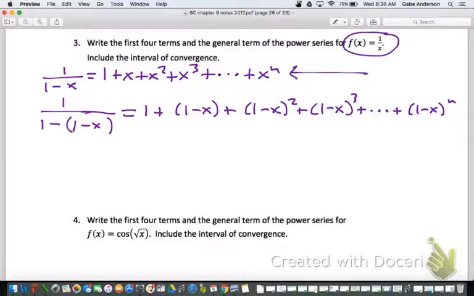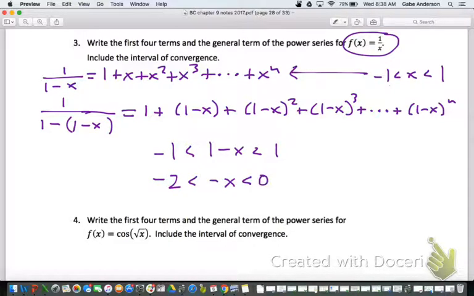And then as far as the interval of convergence, of course our original interval of convergence was negative 1 is less than x, which is less than 1. So if I substitute, it would be negative 1 is less than, I'll just substitute in here 1 minus x, which is less than 1. So if we solve this, I would subtract 1 from both sides first and get negative 2 is less than negative x, which is less than 0. And then divide by negative 1.